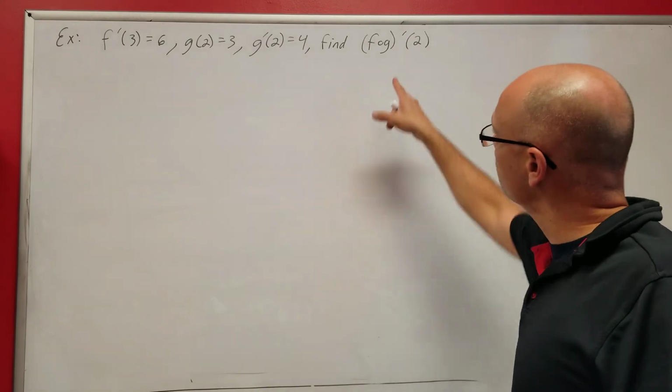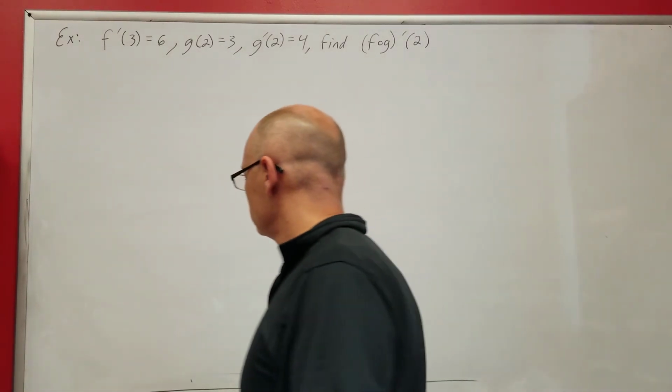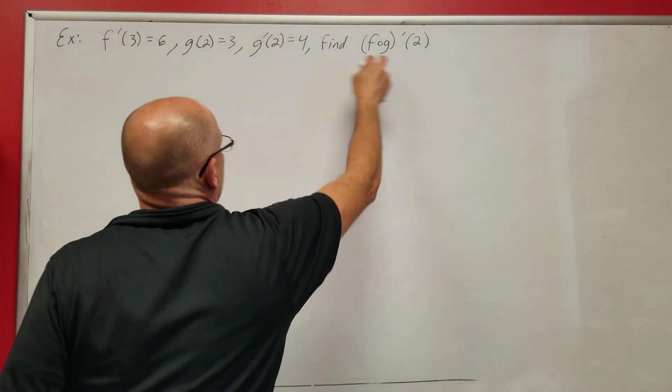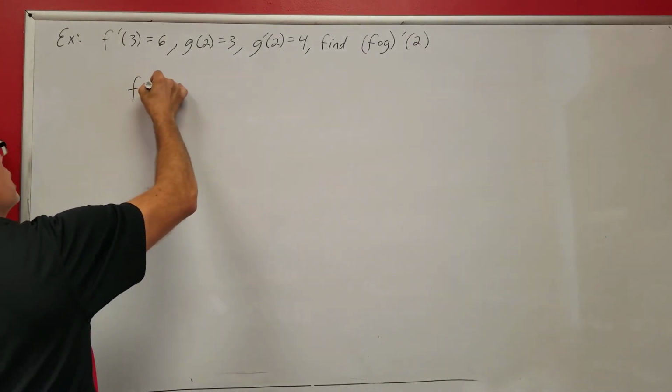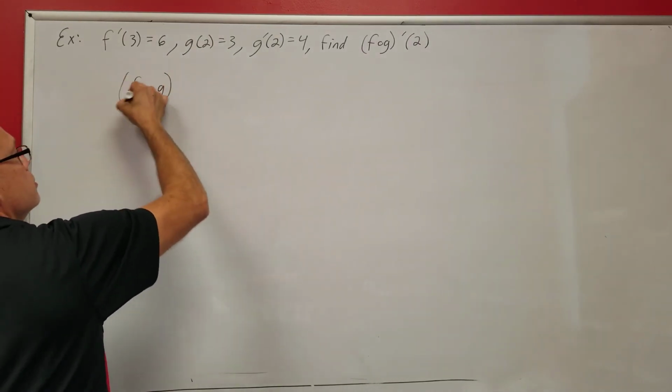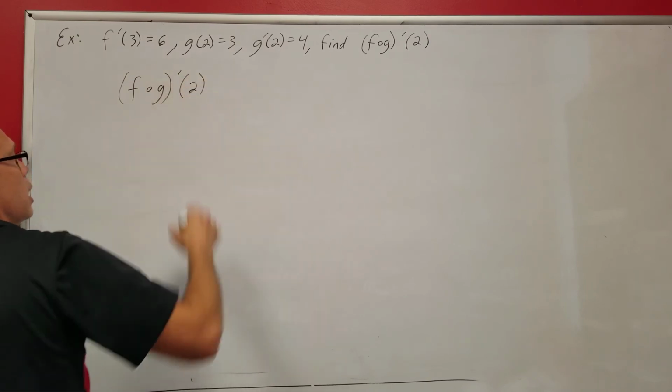Well, this one looks hard on the surface, but it's really not. Start out with this part, f composed with g prime of 2.